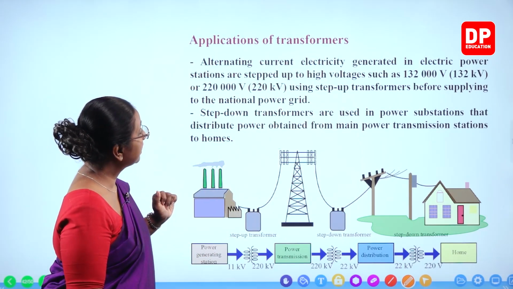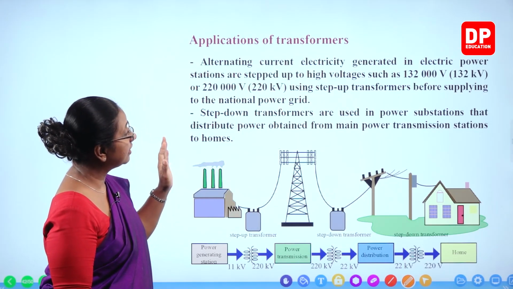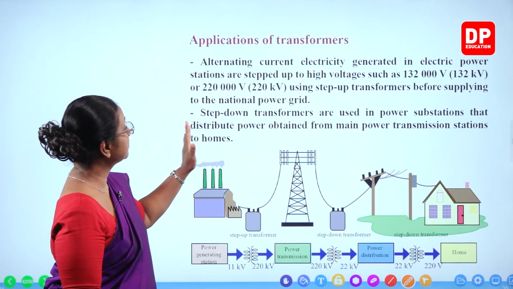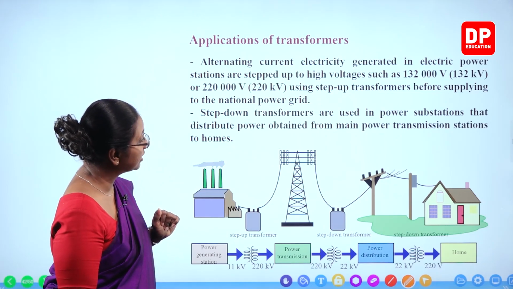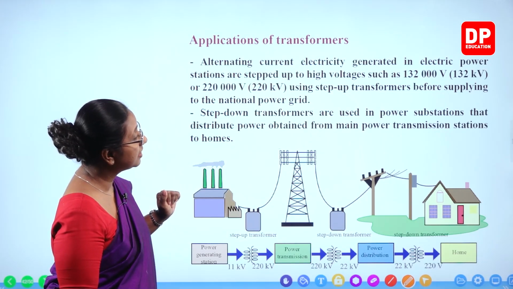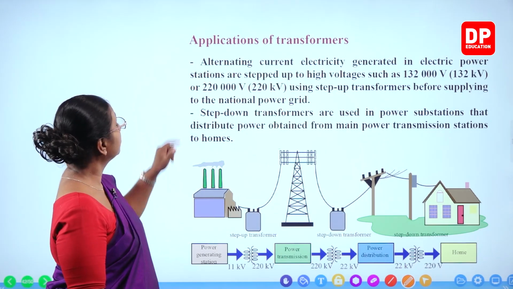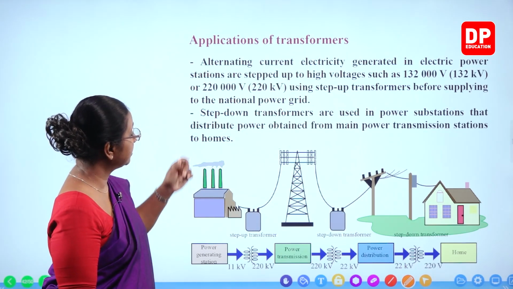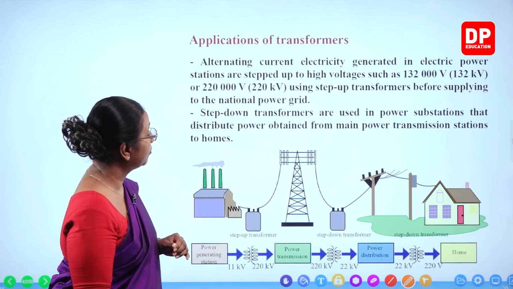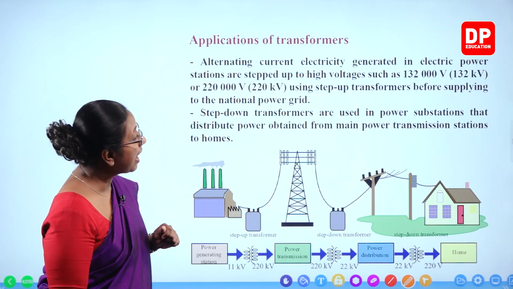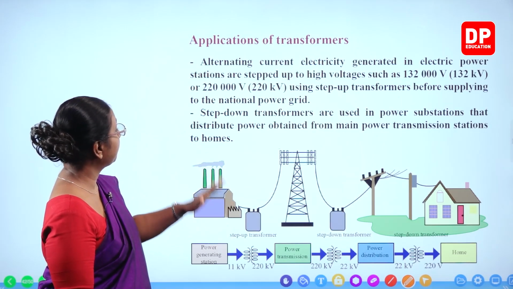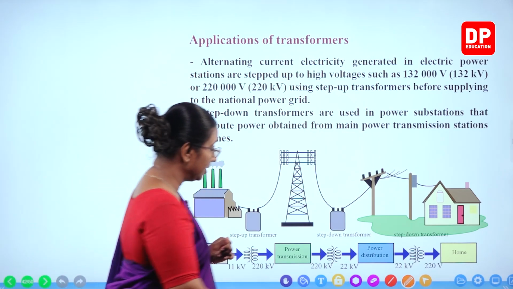Alternating current electricity generated in electric power stations is stepped up to high voltages such as 132,000 volts or 132 kilovolts, or 220,000 volts, that is 220 kilovolts, using step-up transformers before supplying to the national power grid.